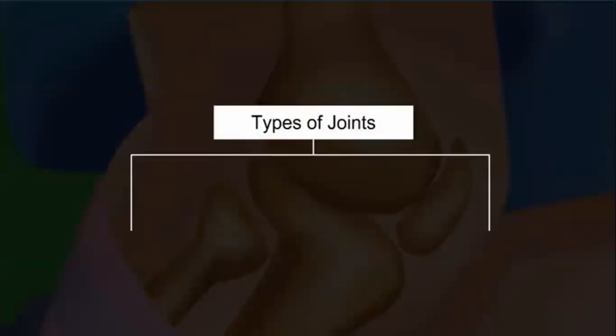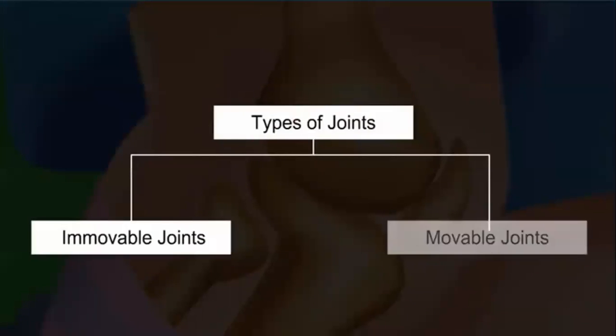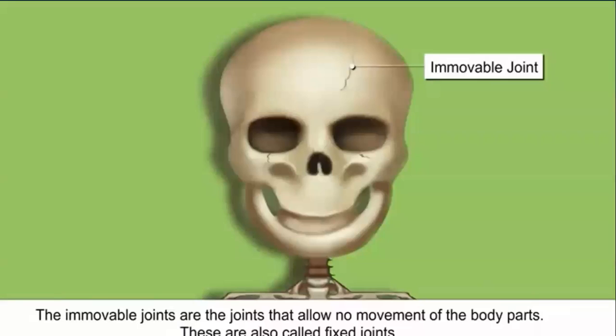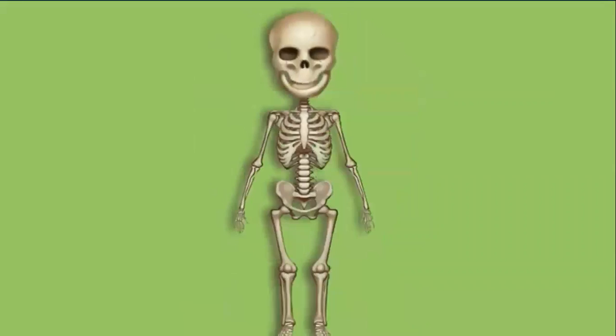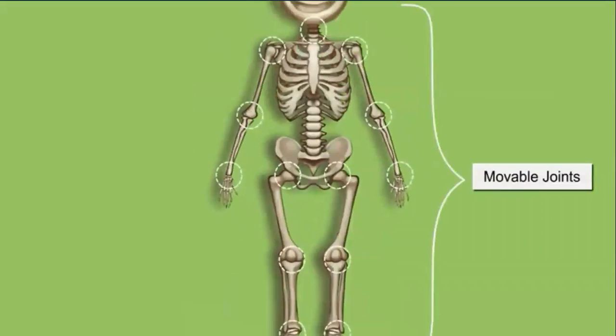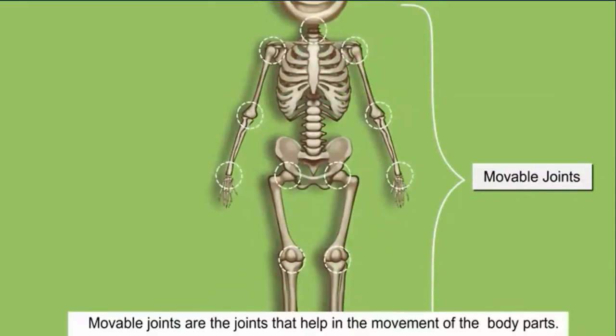So the joints can mainly be divided into two: immovable joints and movable joints. Immovable joints are the joints that allow no movement of the body parts. They are also called fixed joints. For example, bones present on the skull, sutures of the skull. Then you have certain movable joint. You can rotate your hand, all these things.